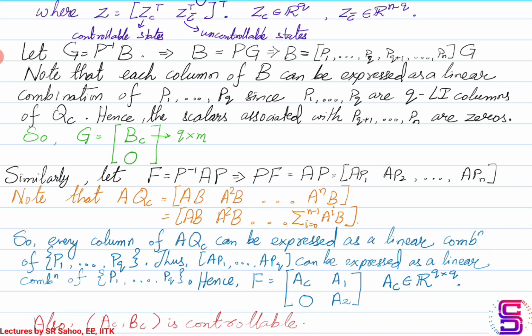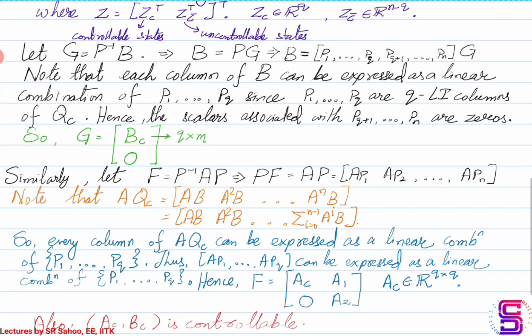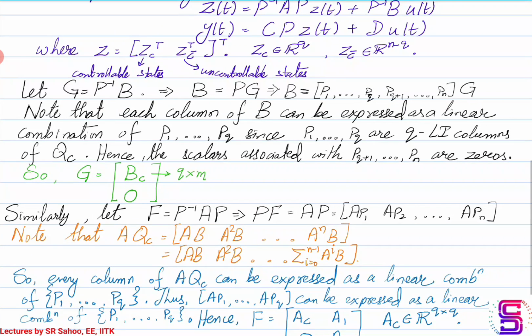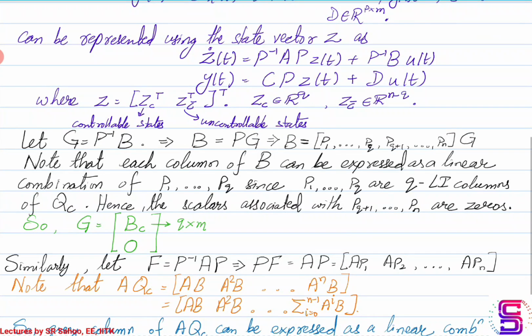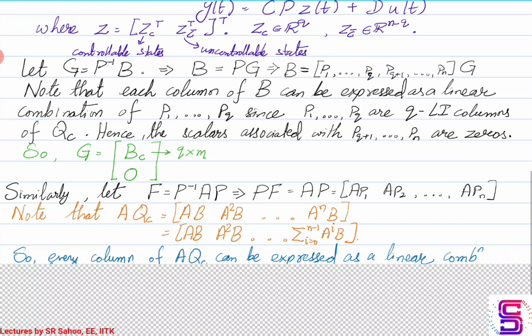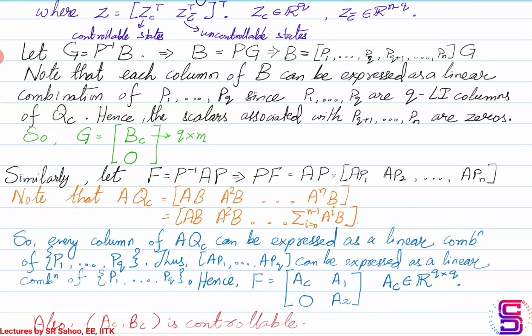So what we did was find a state space representation where the system can be broken into two parts, the controllable part and the uncontrollable part. If you observe the structure of F and G, or the structure of P inverse AP and P inverse B, the derivative of ZC bar is equal to A2 multiplied by ZC bar.